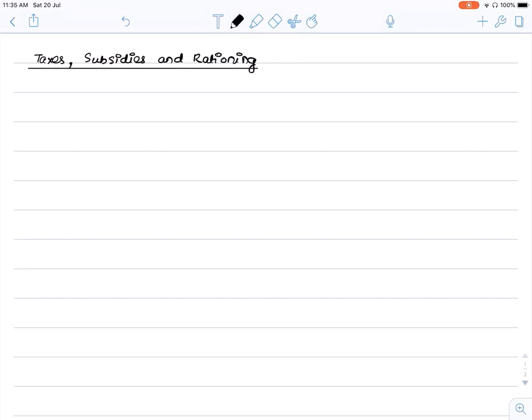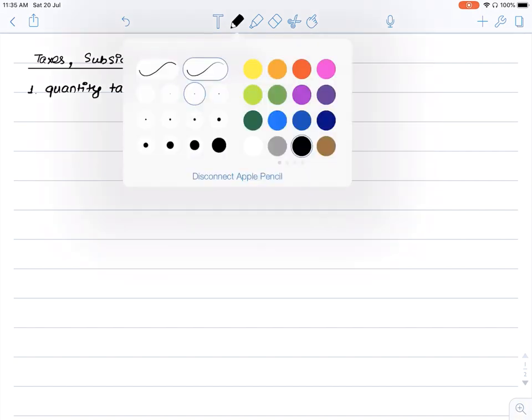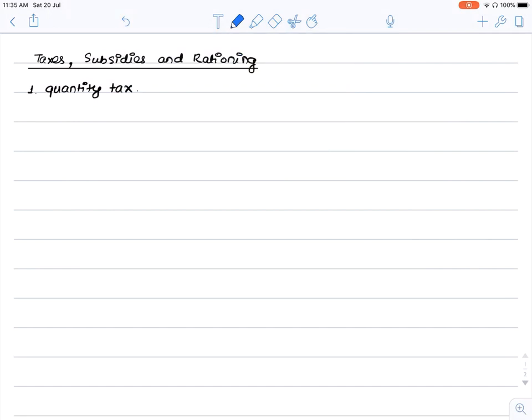So in this part of the lecture, we're going to talk about taxes, subsidies, and rationing, and how the budget line behaves when a quantity tax is imposed, or when a value tax is imposed, or when a subsidy is imposed.